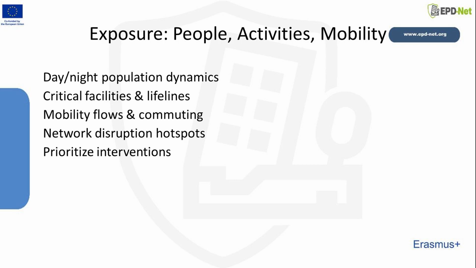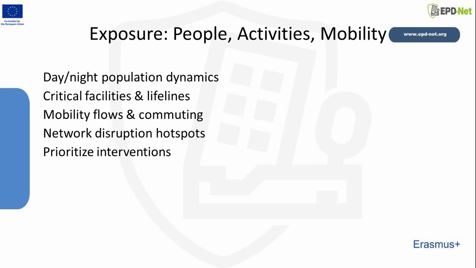Exposure is often where flood risk becomes concrete. It includes obvious elements like buildings and critical facilities, but planners should also treat mobility and activity as exposure, because cities function through movement. A road segment that is frequently blocked can cause disproportionate disruption, even if flood depths are not extreme.